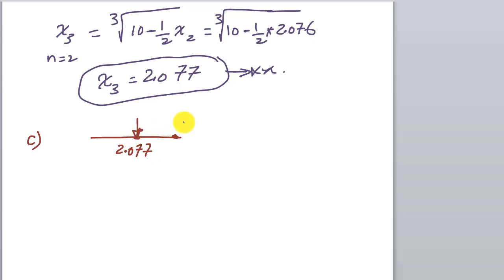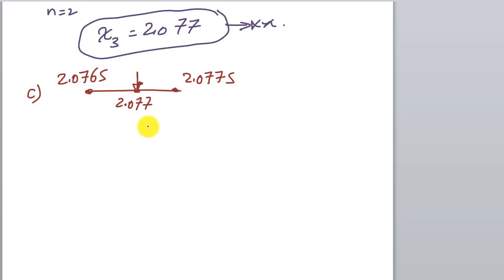So we will check 2.0775 and we will check here 2.0765. Between them, we will see if the sign changes, which means we have a root.